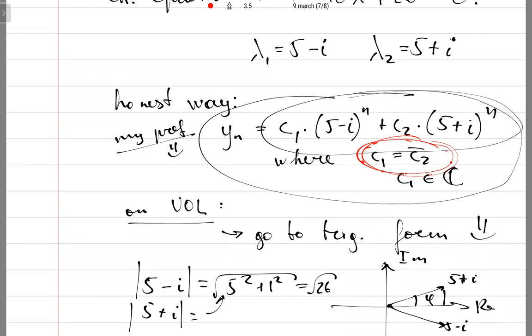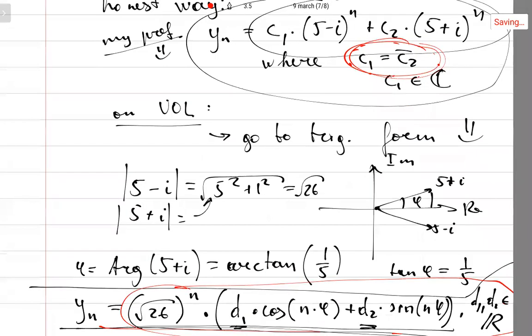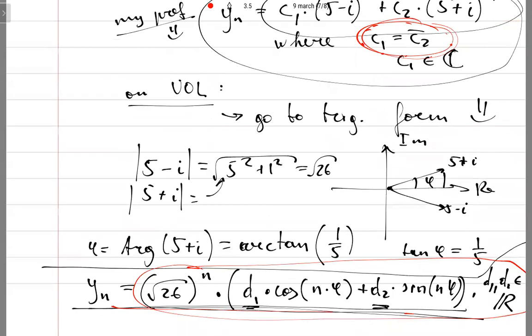Okay. And in this case, the trigonometric way of solution will not hold, or we also can. But D1 and D2 will also be complex numbers. Oh, okay. So you will change here, so that will disappear.